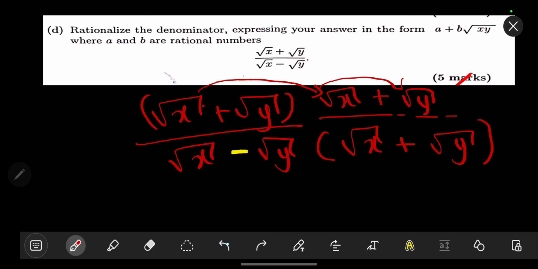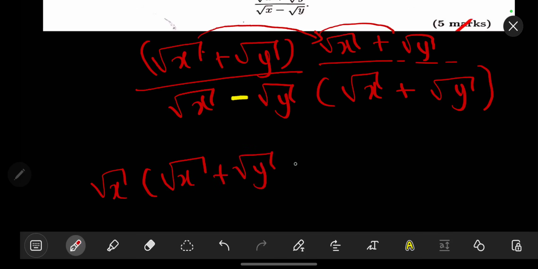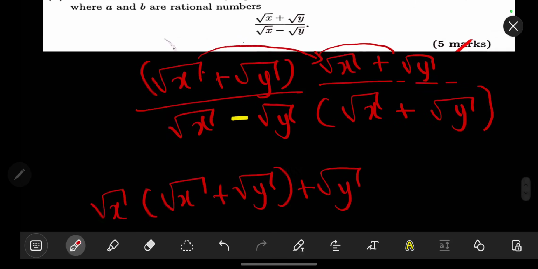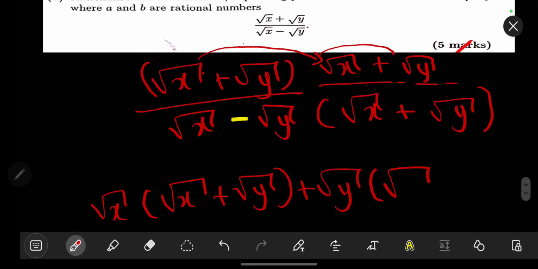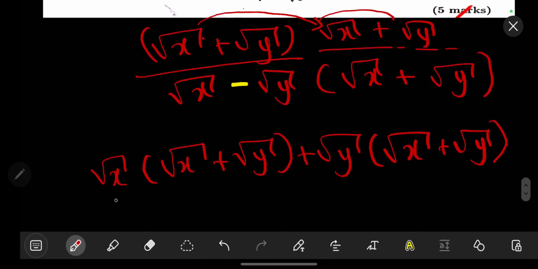So we can write this as the square root of x, open brackets, multiplies everything here: the square root of x plus the square root of y. Then we have plus the square root of y multiplies everything: the square root of x plus the square root of y. So this will give us over.